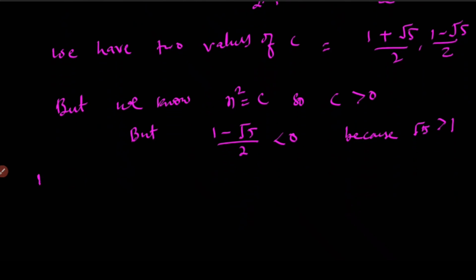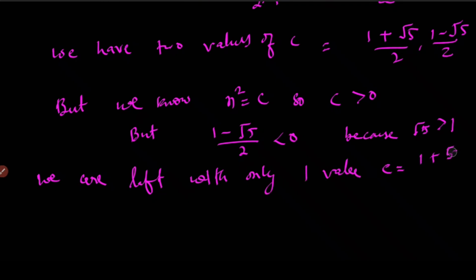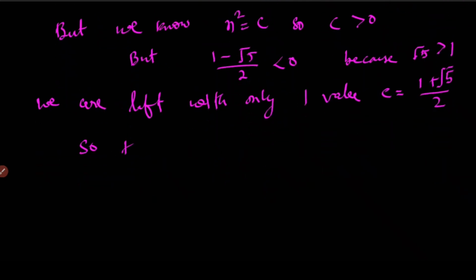Okay, we are left with only one value, c equal to 1 plus root 5 by 2. So that means n square equal to 1 plus root 5 by 2.